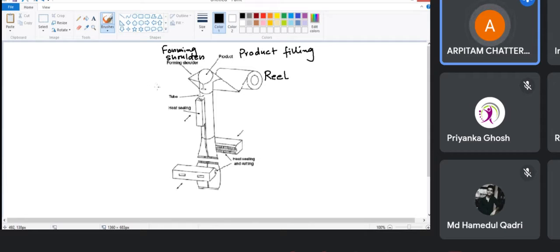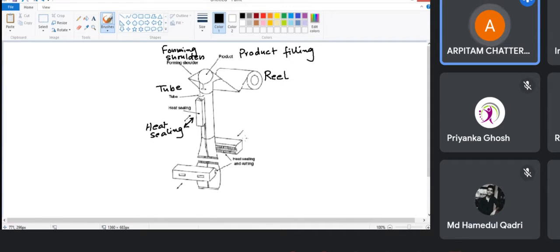Then you have a tube formation, and you have a heat sealing arrangement. And there is an arrow like this which basically indicates that this arrangement can move to and fro. Okay, it can go seal and then again it can come back.